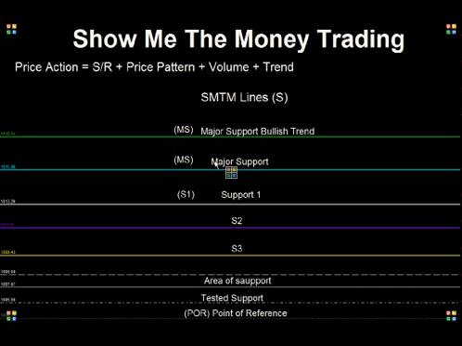So not only does this tell me the trend, but it also tells me, at this point and my next line, which for us as SMTM traders is support 1, this is a support area. And at this point, this is where we most likely have a downtrend, and this becomes a support area.